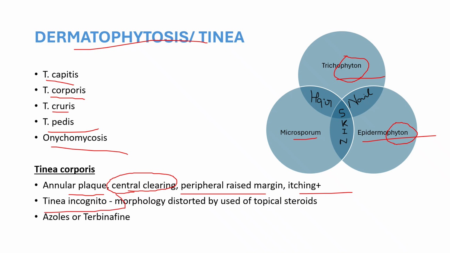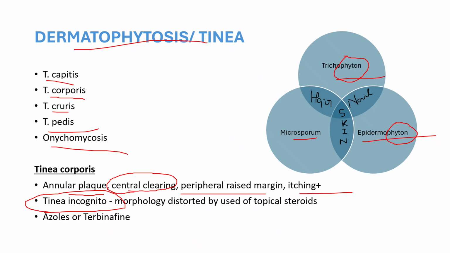There is something called tinea incognito. And last year there was a question about tinea incognito. A patient has come. I don't remember whether they've given an image. I don't think they've given an image. But they have mentioned that it's a resistant lesion. They have tried steroids. The description was regarding tinea, like there is a central clearing with peripheral raised margin initially, but they've tried steroid.